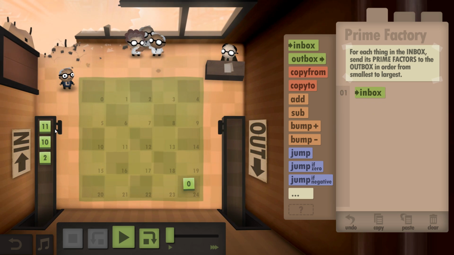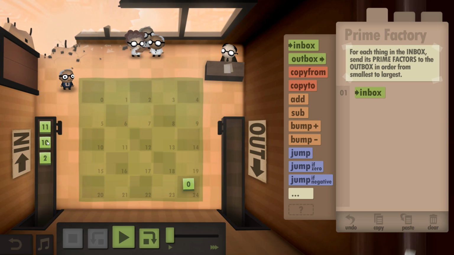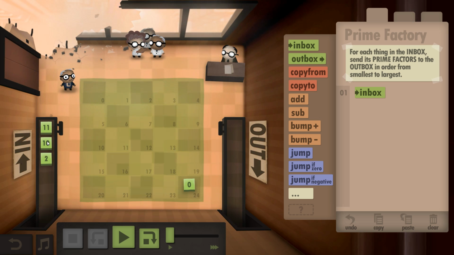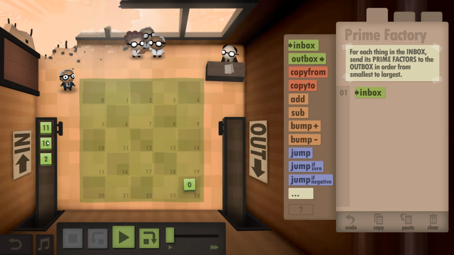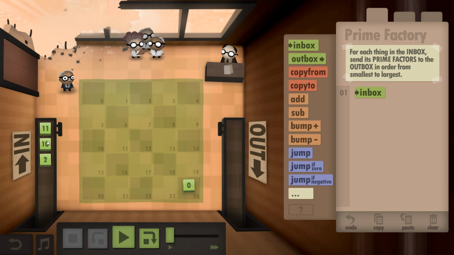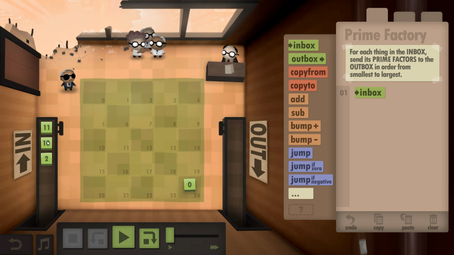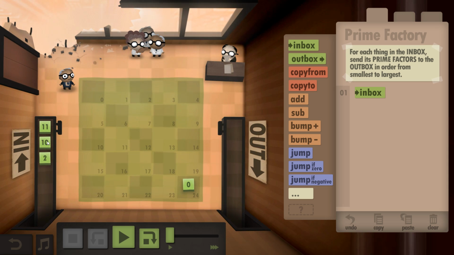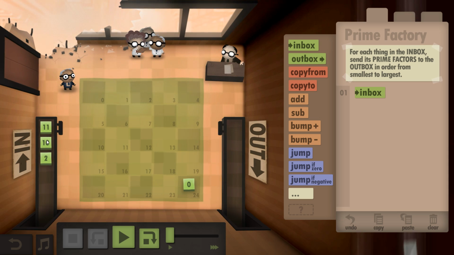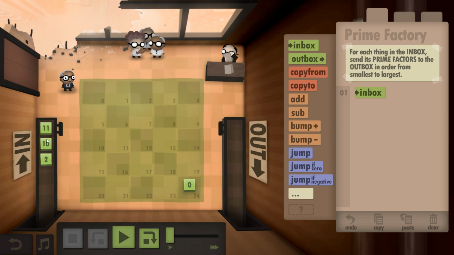But for 10, I would divide by 9. That has a remainder 8. Has a remainder 7. Has a remainder 6. Has a remainder 5. 10 by 5 is 2. Now I have to determine if 5 and 2 are prime factors or not. So I have to try to divide 2 by every number lower than 2, which I don't have to do. But I can't check if something is 2 or not.